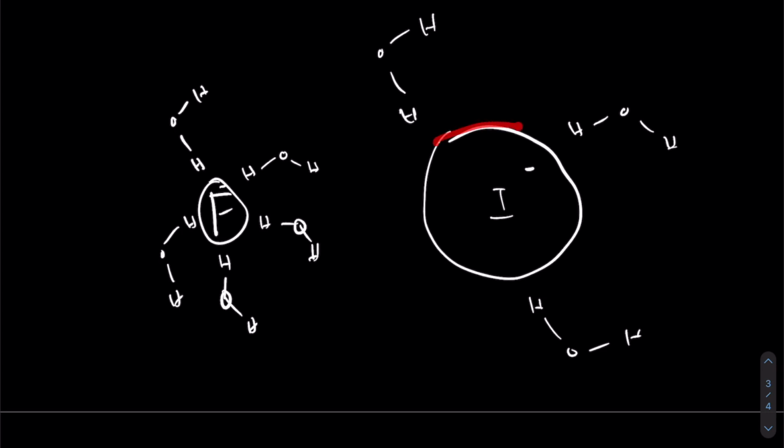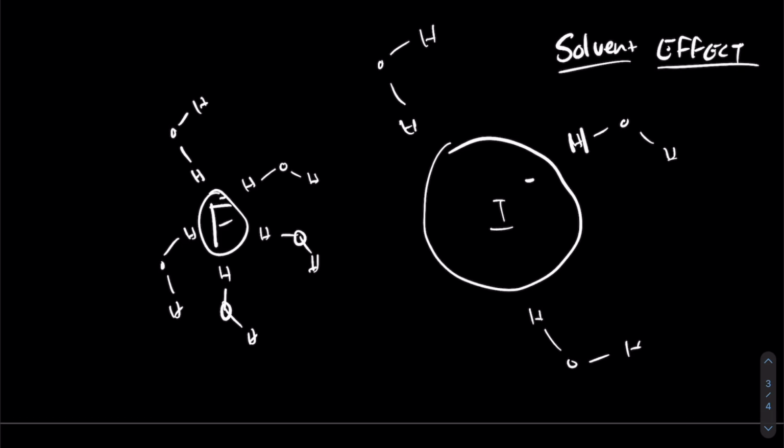Iodine is special. Iodine is large, it has very limited interest in H, and as a consequence, it doesn't really have a particularly strong solvent effect. At least solvent effects in the context of protic solvents like water.